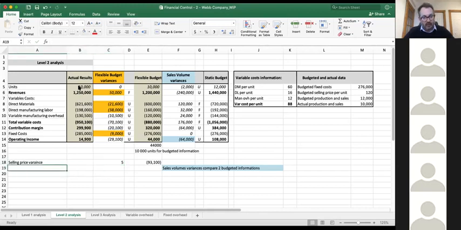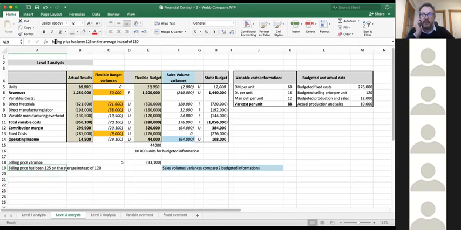So the selling price has been 125 on the average instead of 120.